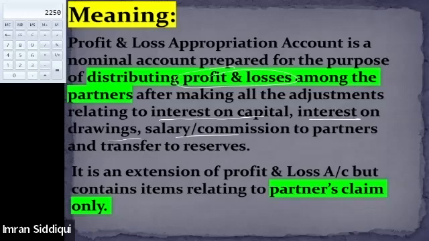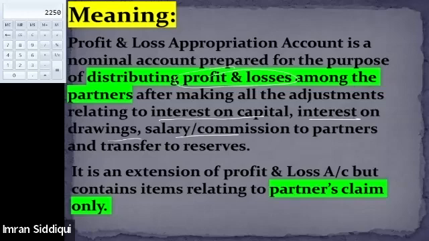So how is the profit and loss appropriation account different from the profit and loss account? It is different as it only records transactions relating to partners. It contains items relating to partners only.